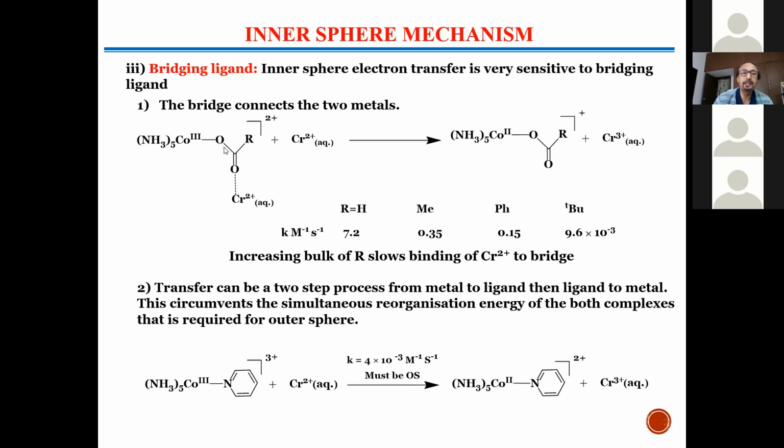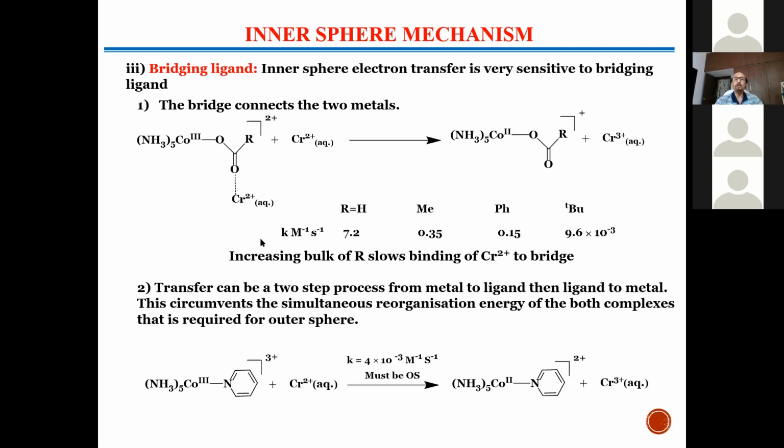So the way we write it now, we write this way, and the minus is over here. But it doesn't matter, it's a mononegative ligand, and that will bridge with the chromium, and then this chromium having water over here, the inner sphere standard route it will follow. This is the electron transfer route, okay, and it will be reduced, it will be oxidized, and that is happening.